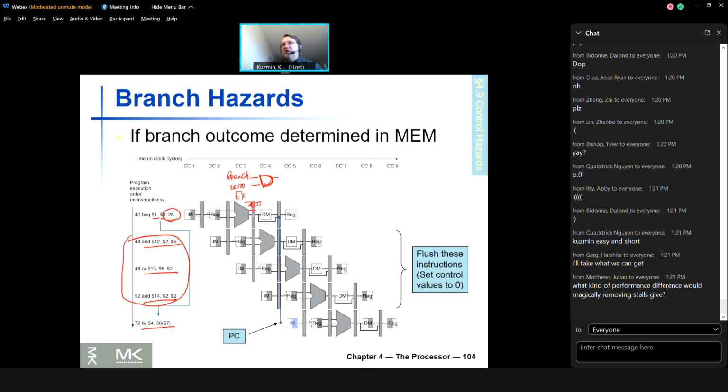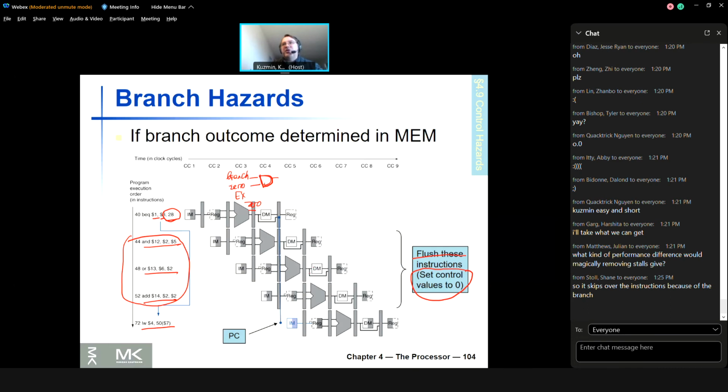So we can just set the control values to 0 and send these 3 instructions down the sewage. We flush these instructions, and they continue execution just as 3 bubbles. Of course, we lose a tremendous amount of time. We lost 3 instructions because we had to turn them into bubbles, since our prediction was incorrect.